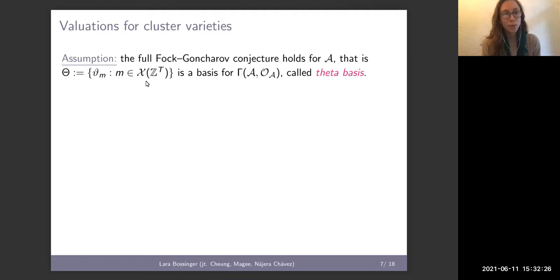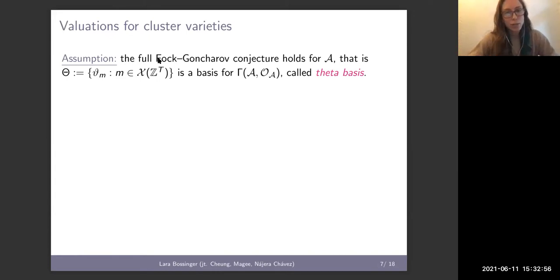I will not give you the construction here. We will see one ingredient of the construction briefly appearing, the broken lines, which is an algorithmic way to construct functions on the A varieties. The second ingredient necessary here is that we need to construct these theta functions, and I'm going to leave that as a black box.